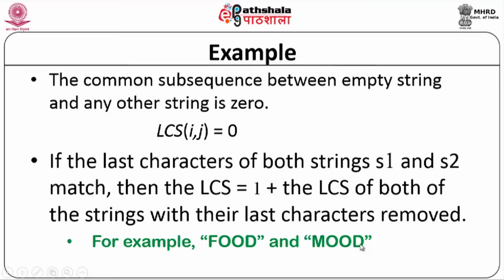Therefore, we can say that the LCS of food and mood is nothing but 1 plus the LCS of FOO and MOO. So, using the recursive approach, we are trying to defer the problem by saying that it is 1 plus the LCS of both the strings with the last characters removed.